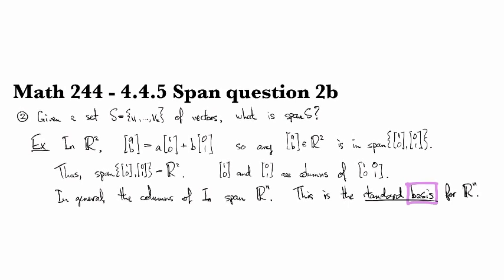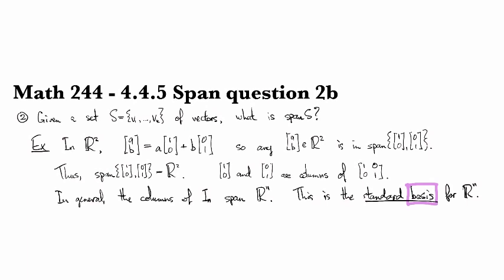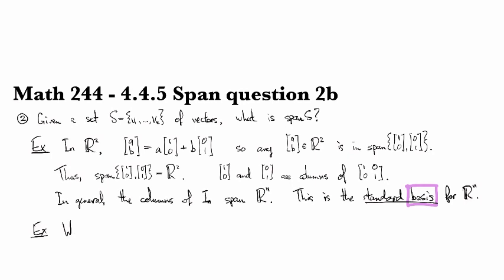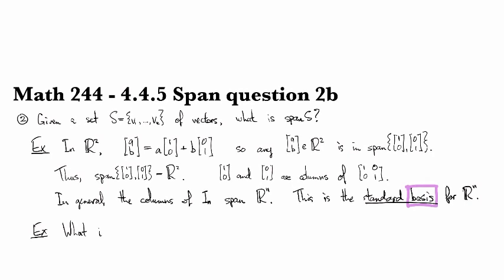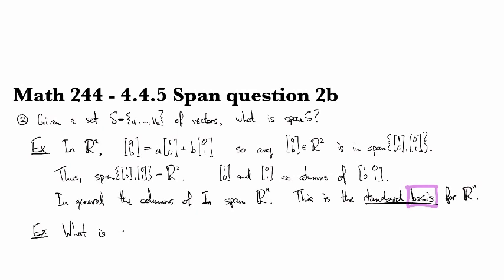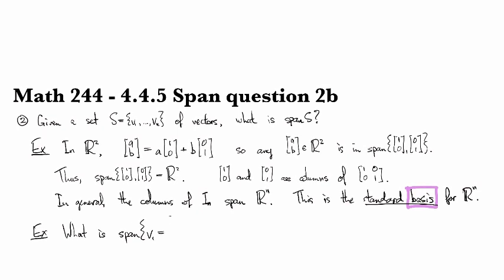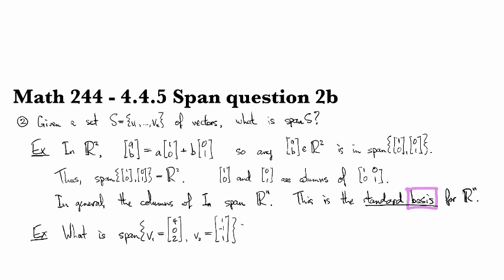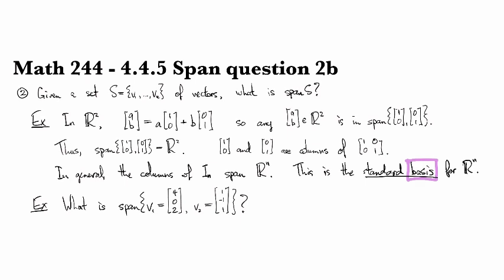So let's look at another example. What is the span of V1 given by (4, 0, 2) and V2 given by (1, -1, 1)? Well, what are we looking at?